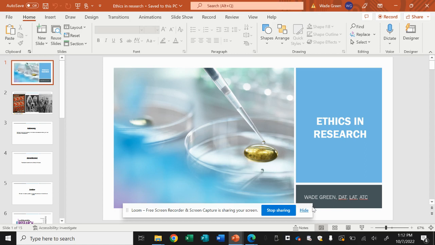Because the ethics of our study also help with external validity, but the bottom line is that as researchers, we have ethical obligations to our participants and to society around us.